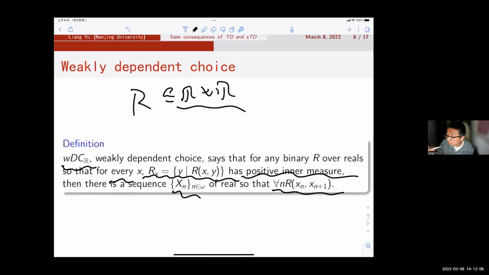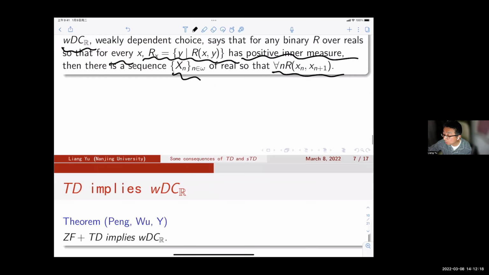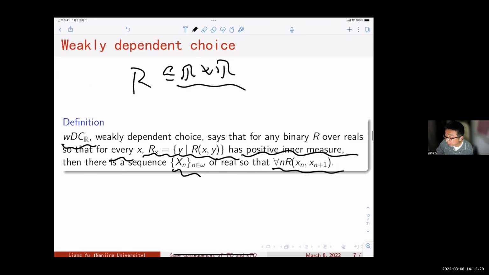So we want to use TD to prove the weak version of the dependent choice. And to prove this, we just need to assume that for any x, the set R_x has measure 1, or is meager.